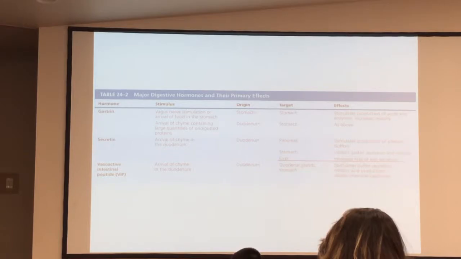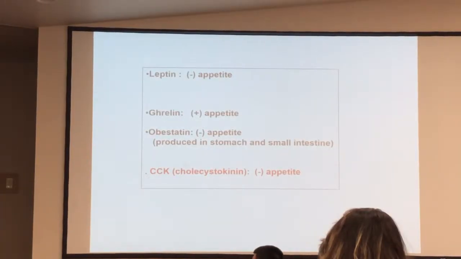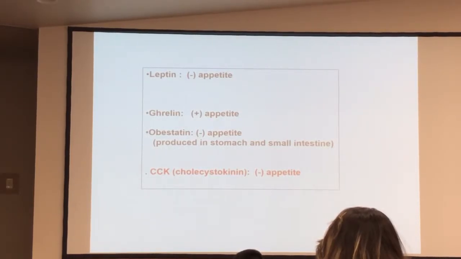Now, since CCK can inhibit the food intake, okay, it's a peptide. It's a polypeptide. It's not a steroid. And so one of my friends doing business said, okay, a lot of people want to reduce body weight, become very lean. If I produce CCK and sell it, I can make a lot of money.